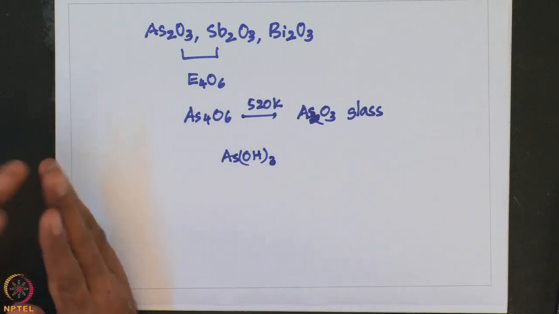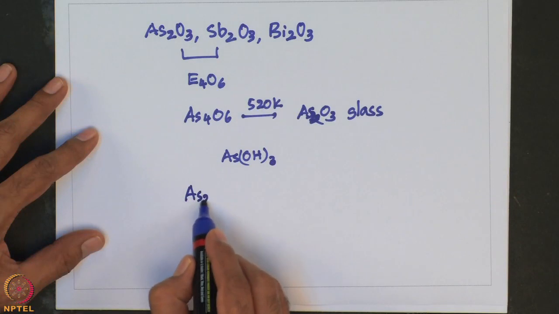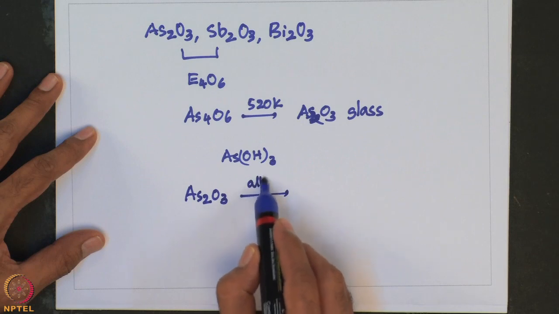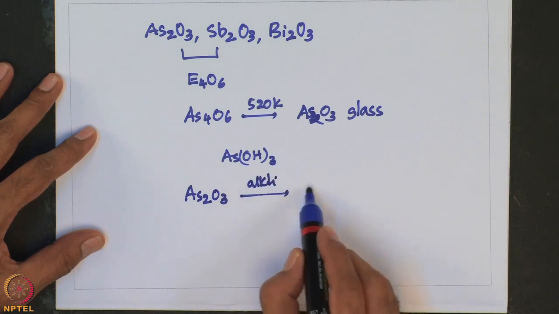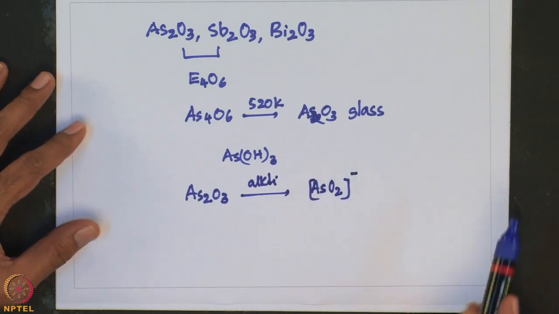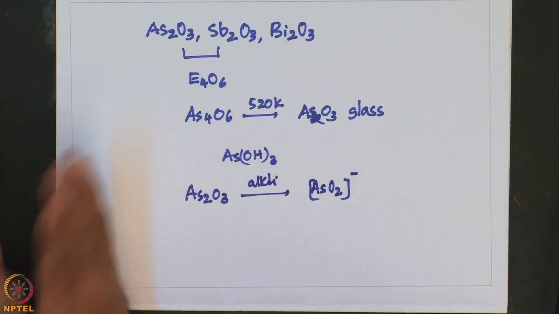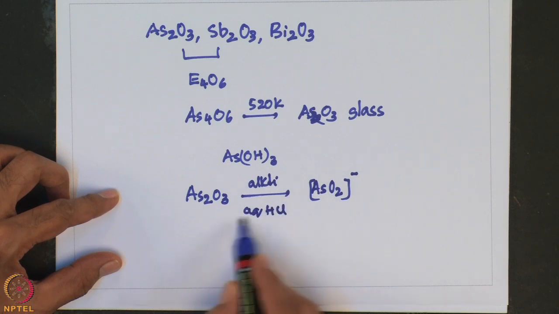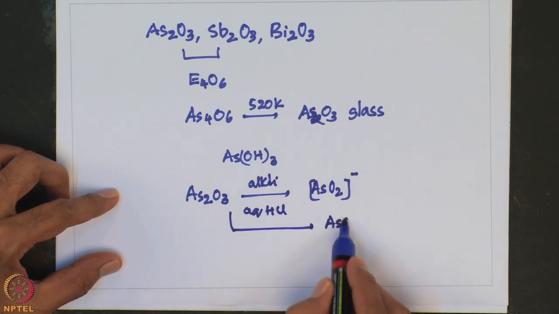So, arsenic trioxide dissolves in aqueous alkali to give salts containing AsO2 minus ion. So, arsenic trioxide, that is As2O3, dissolves in alkali to give AsO2 minus ions, whereas in aqueous HCl, it gives AsCl3.